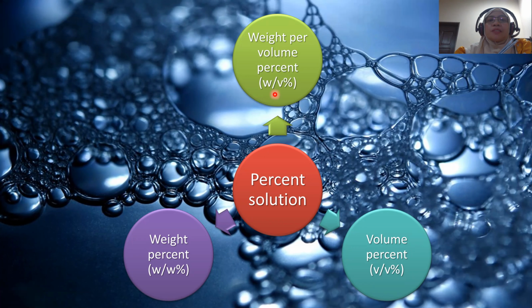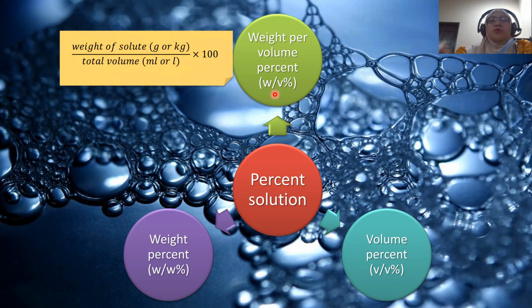Weight per volume percent means weight of solute, which you can use units of gram or kilogram, per total volume of the solution. For this unit you can use milliliter or liters.